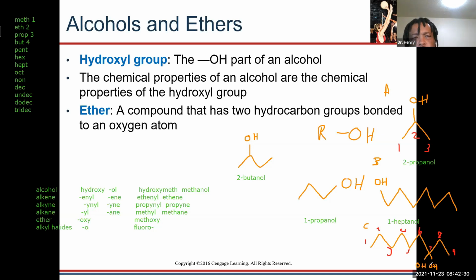Okay, so since I have 2, what am I going to use? I also have, counted from the other way, 1, 2, 3, 4, 5, 6, 7, 8, 9. So which numbers am I going to use? Am I going to use the red or am I going to use the green?